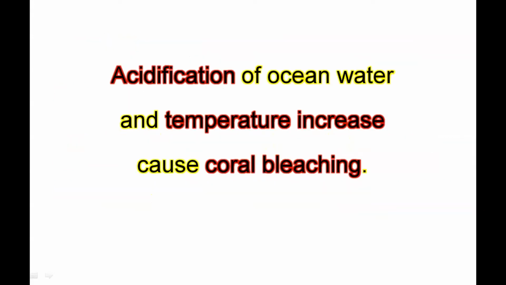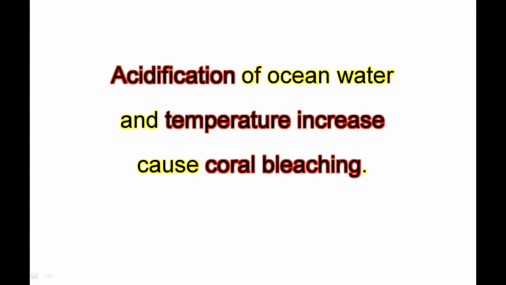So acidification of the ocean water and temperature increase cause coral reef bleaching. When the coral is bleached, it doesn't mean that it is already dead, but it means that the coral is extremely stressed. And if those algae do not recolonize, the coral will eventually die.